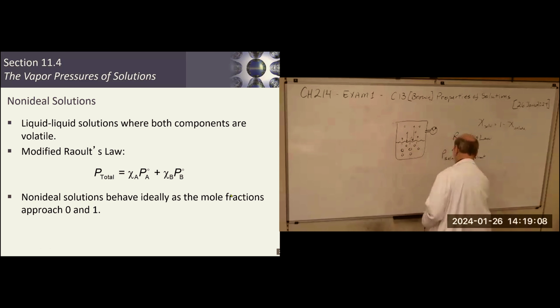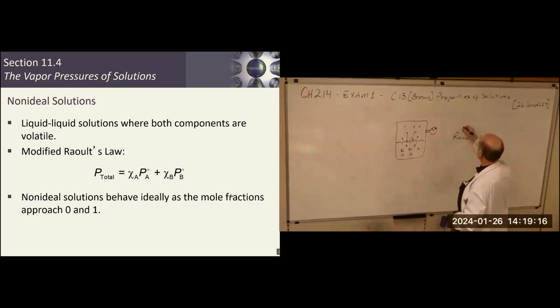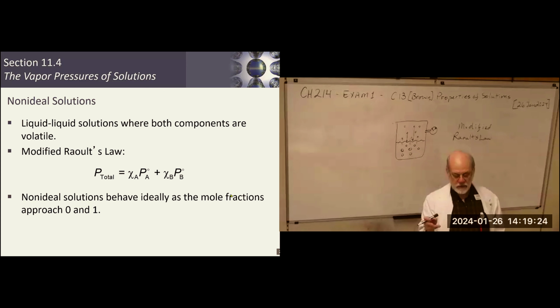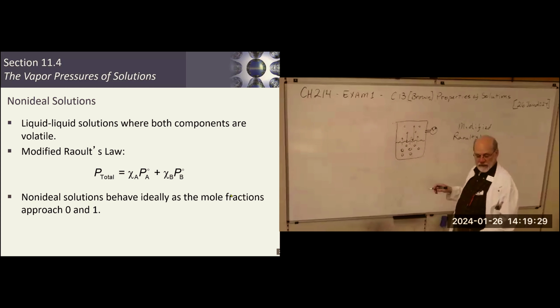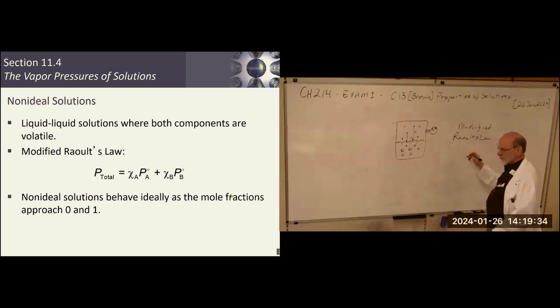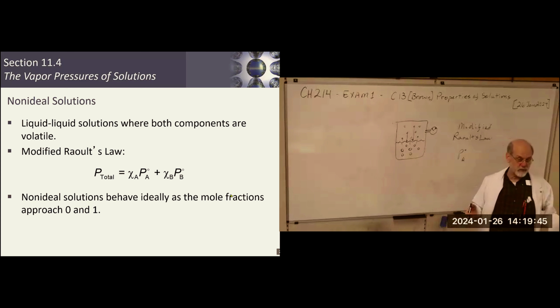Here's what it looks like if you have modified Raoult's law. So might as well write it that way. And this is an example where you have two, a solvent and a solute, and both are volatile. So the total pressure in each one is actually a combination. You can work from the vapor pressure of the pure A component, and really at this point it doesn't matter which one's the solvent or which one's the solute because they're both volatile.